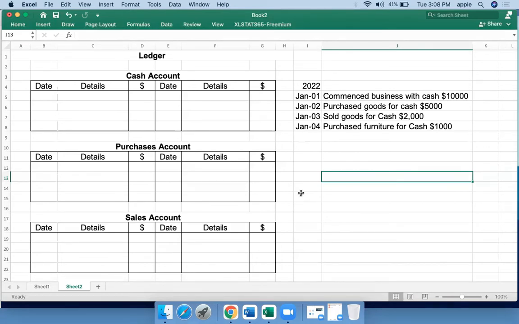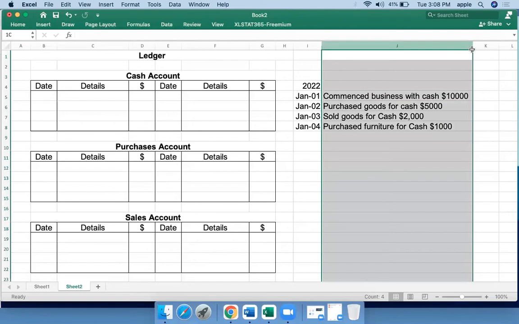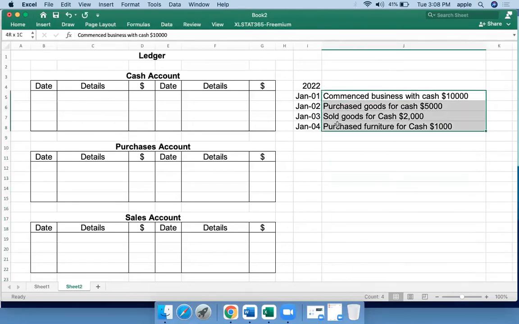For the first one, the accounts will be cash and capital. The owner invested the money, so the business owes money to the owner. Capital will be a liability and cash will be an asset.